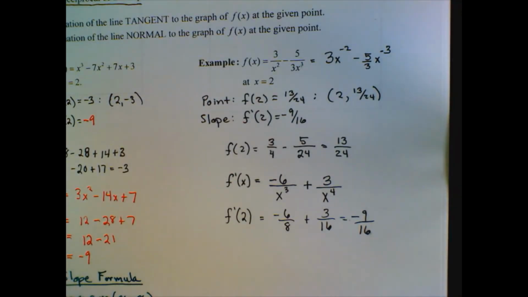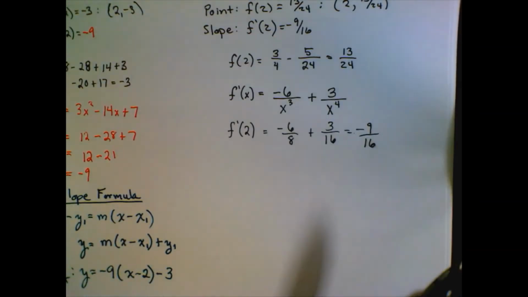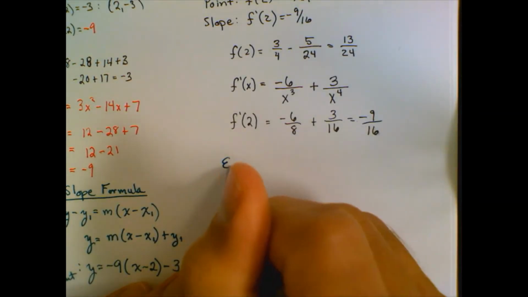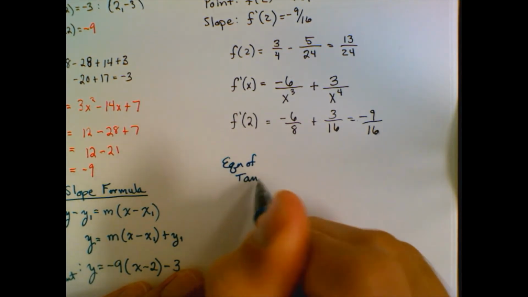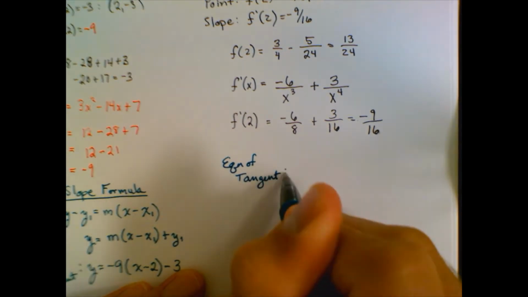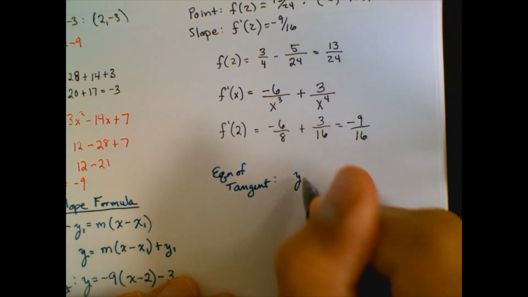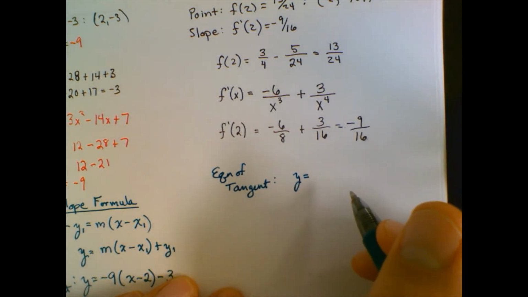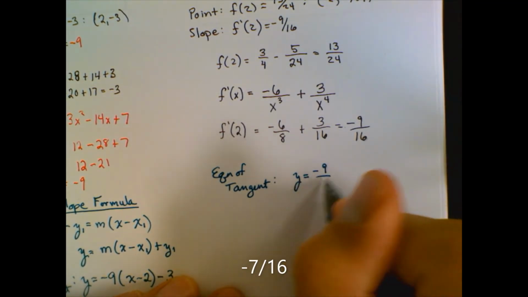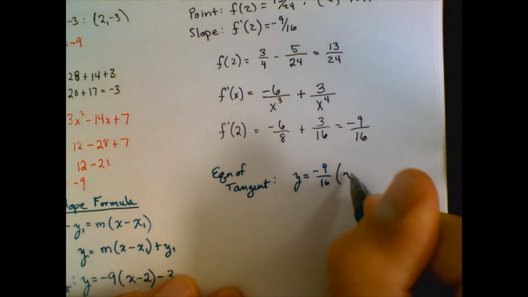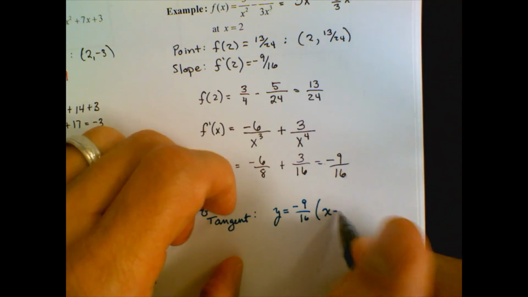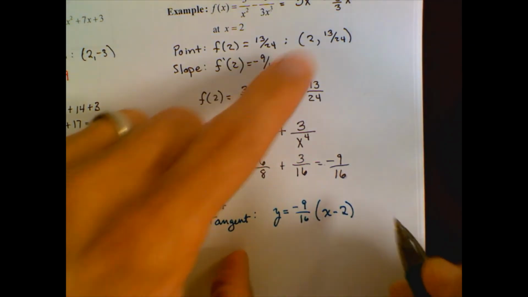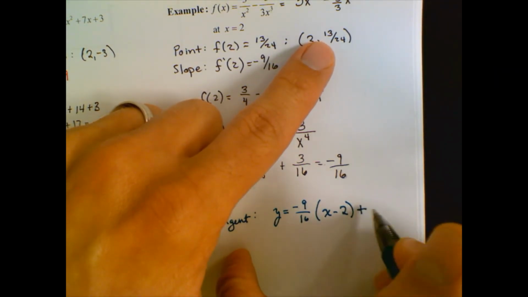Then we are going to write the equations. So the equation of the tangent line, well, that's going to be y equals whatever the slope is. The slope's -9/16, x minus the x value of the point, so x minus 2, and then plus the y value of the point, so 13 over 24.